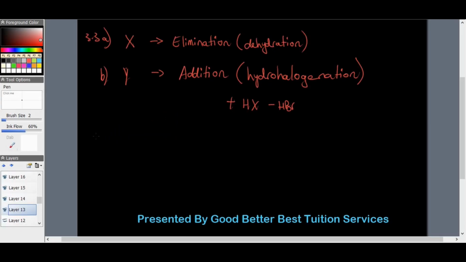So for compound A, 3.4, we can clearly see that we have an alcohol plus a carboxylic acid.